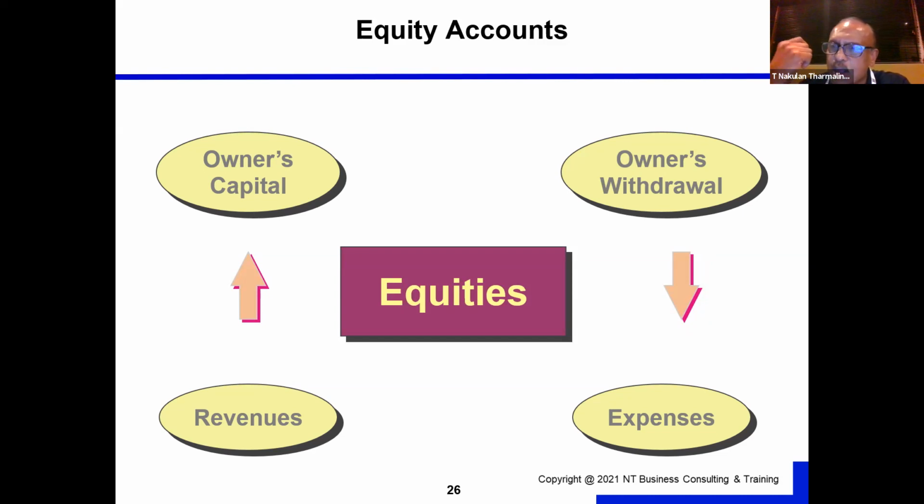In the same way, your expenses in your business will reduce your equity. So equity will get reduced by expenses and withdrawal of money from the business, and equity will go up when you put more money into your business and revenue comes into your business. Okay. Clear?